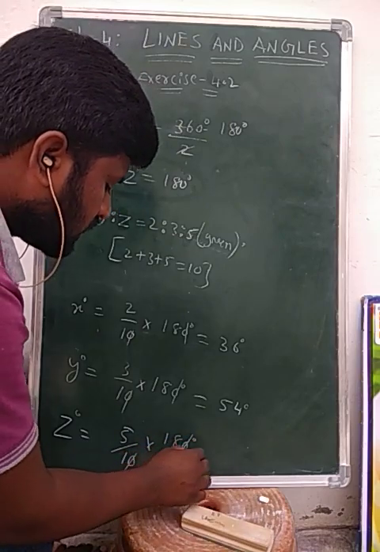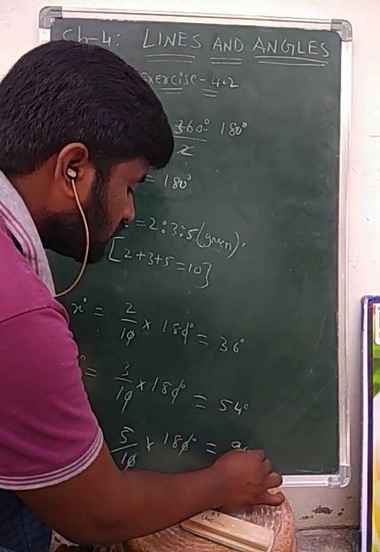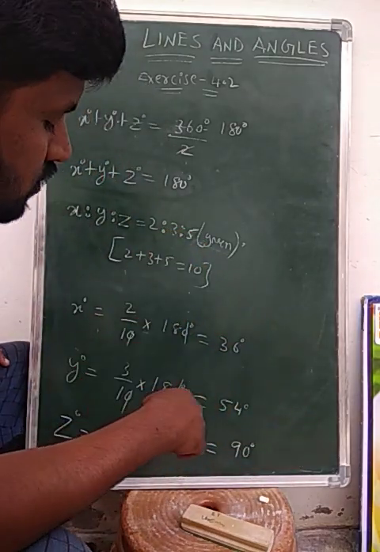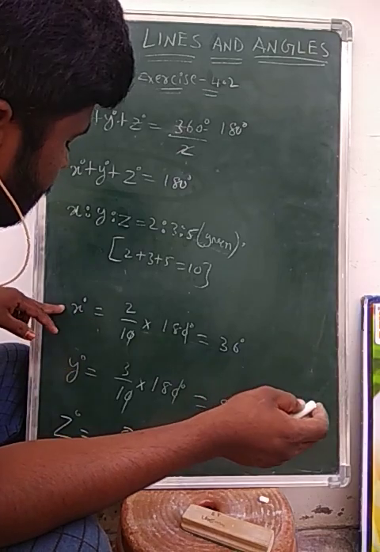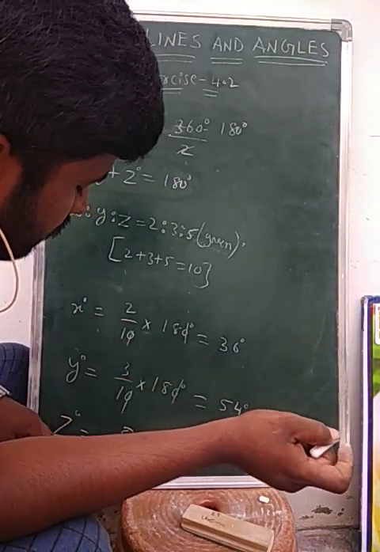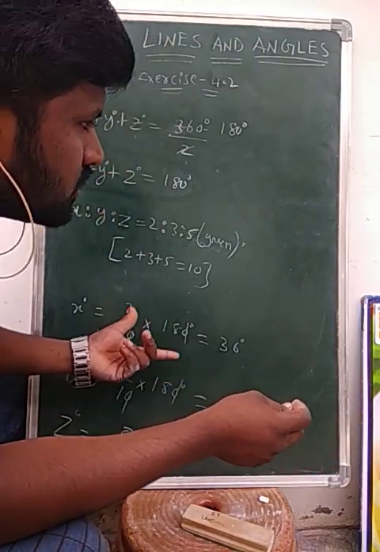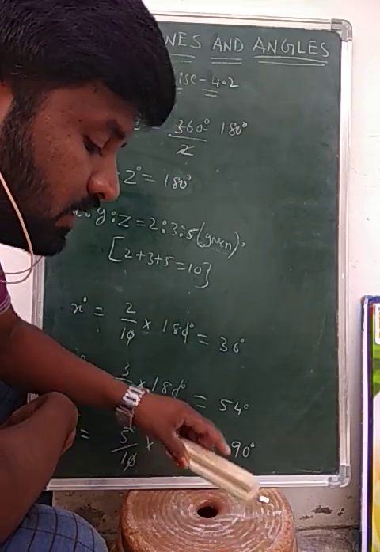Zeros cancel, 3 into 18 is 54 degrees. And z degrees is equal to the corresponding term of the ratio 5 by 10 into 180 degrees. Zeros cancel, 5 into 18 is 90 degrees. So clearly the value of x is 36, y is 54, and z is 90 degrees. So this is the required answer for this question.